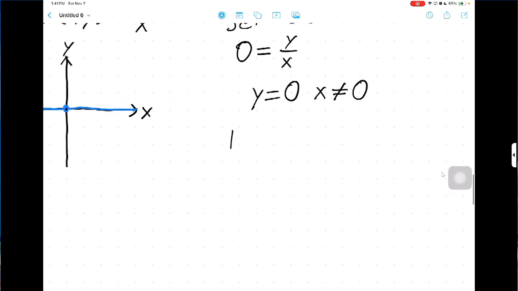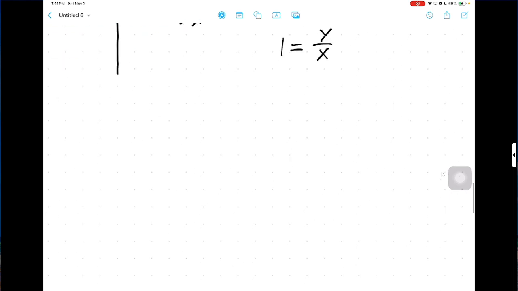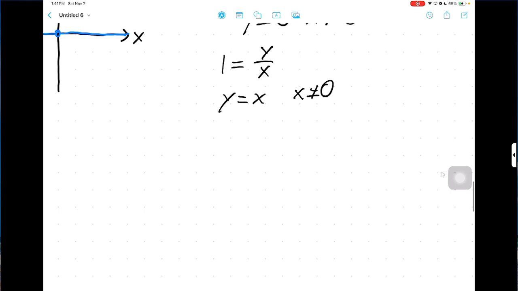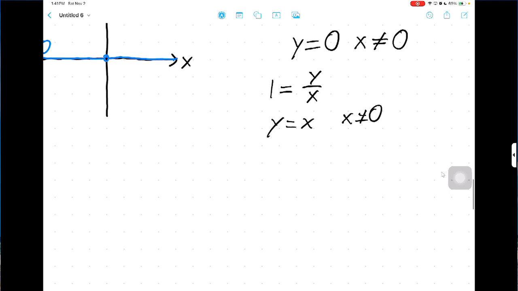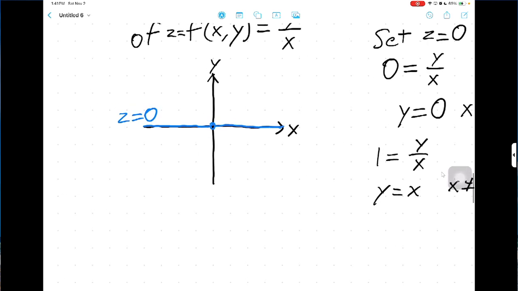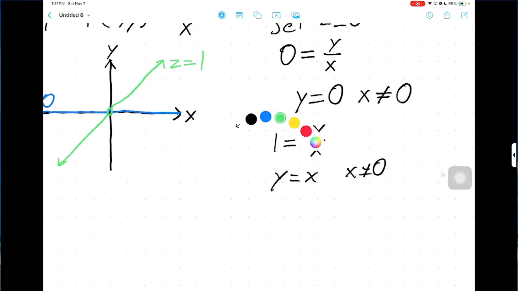Now we're going to try other values in order to figure out all the level curves. So we're going to try 1. This should be fairly straightforward. Y is equal to x, as long as x is not 0, and therefore y is also not equal to 0. So in this case, we have something like this. Again, a hole at 0, 0, and then just going up like so. Z equals 1. And we're going to do one more.